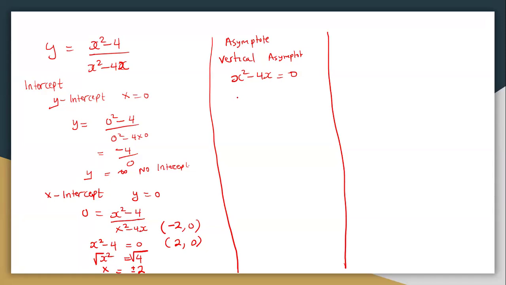It's a quadratic. So what do we do if we don't have a c? We'll have x squared minus 4x plus 0.